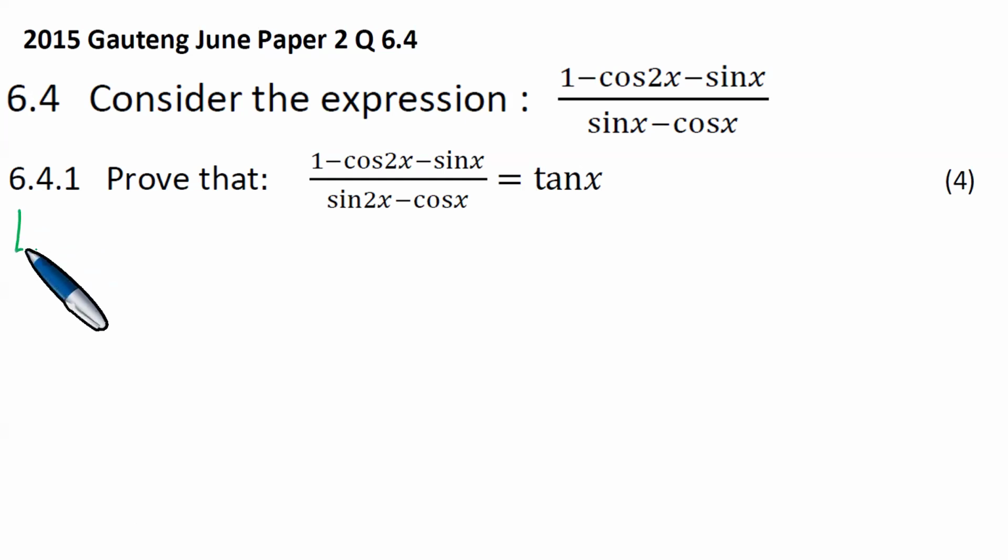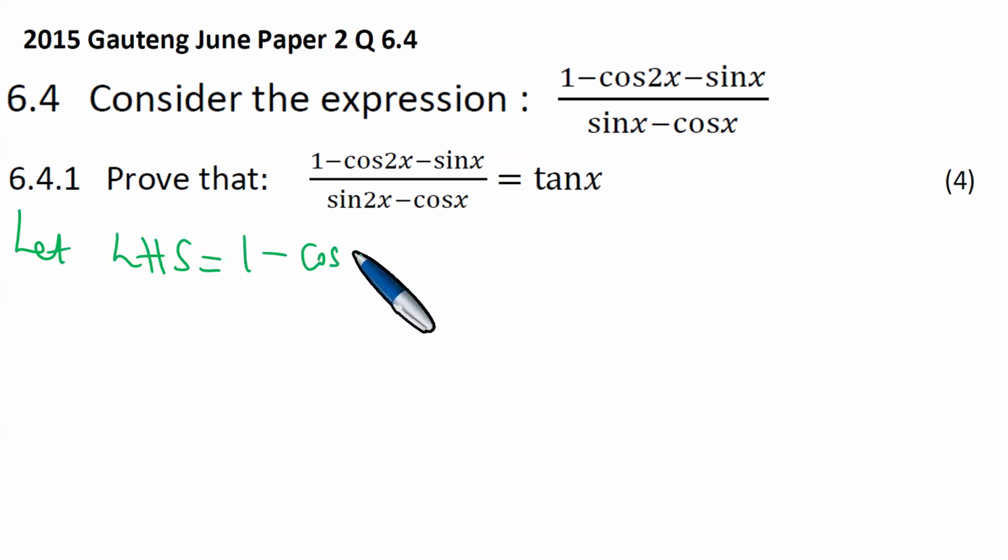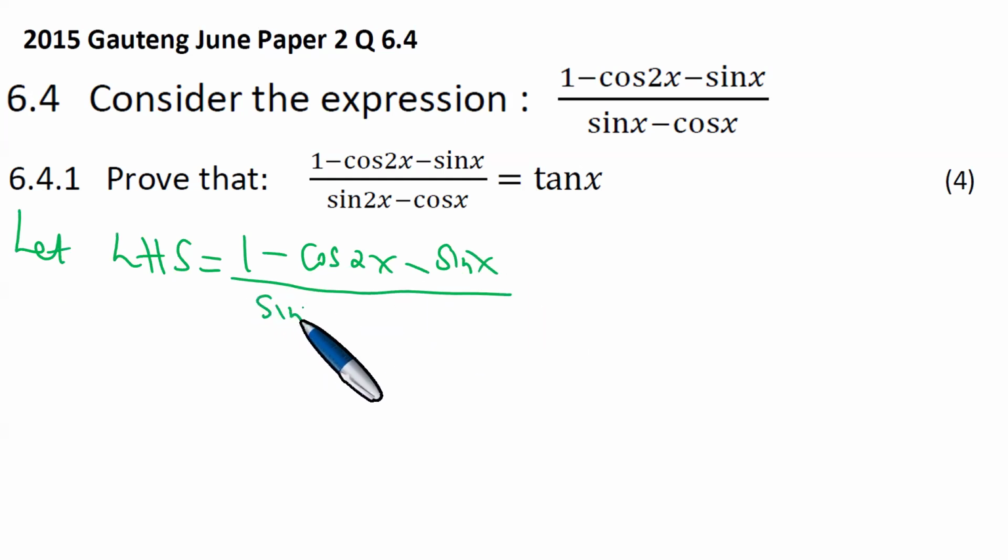You need to prove this, so you let the left-hand side, which is 1 minus cosine 2x minus sine x, over sine 2x minus cosine x. Okay, good.